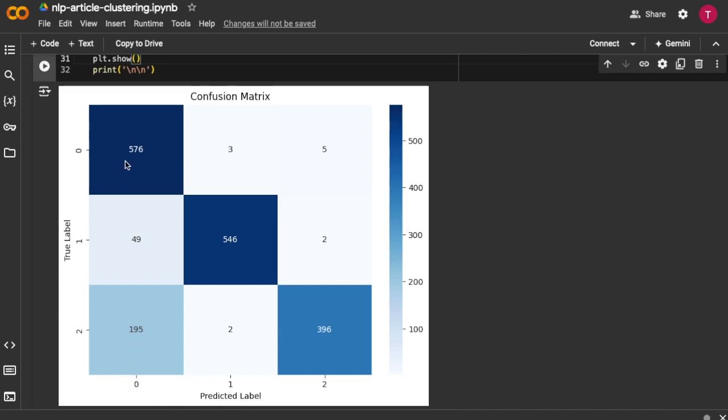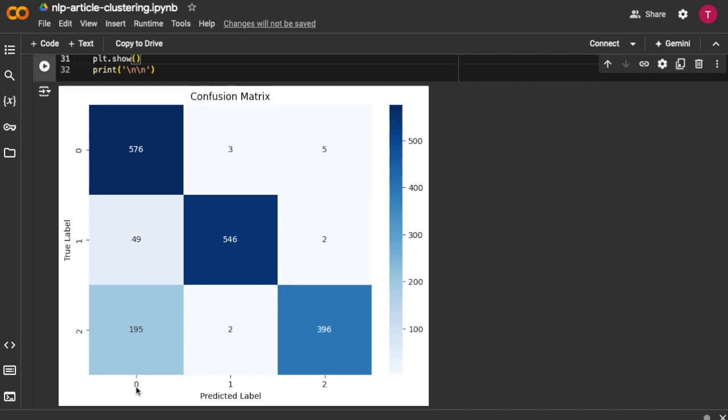And we can see here that 576 of the articles were accurately predicted for the 3 clusters that we created from the 3 different types of news articles. But then we also see that a smaller set of them were labeled incorrectly.